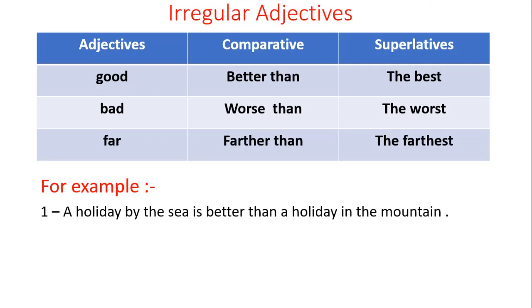We use better than because here we make comparative. Example number two, a holiday by the sea is the best holiday. Here, my students, we make superlative because we compare between a holiday by the sea and any other holiday. So here we use the best.